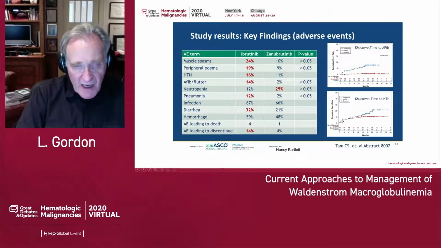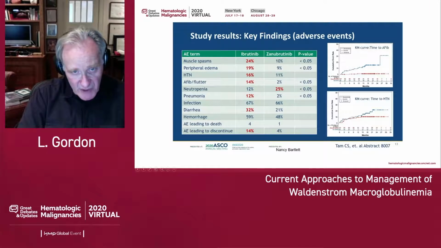Here we see, if you look on the left, muscle spasms, peripheral edema, hypertension in red, atrial fibrillation 14% versus 2% with zanubrutinib. Neutropenia was more common with zanubrutinib than with ibrutinib, but pneumonia, diarrhea, many of the significant, I think, side effects that we might see with ibrutinib in long-term treatment are not present with zanubrutinib.